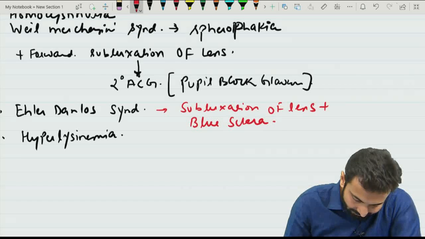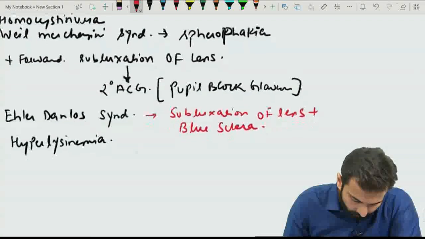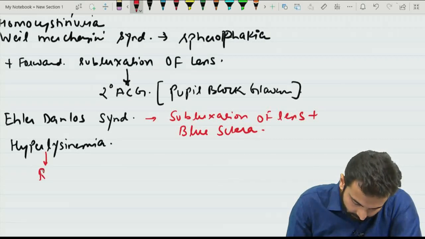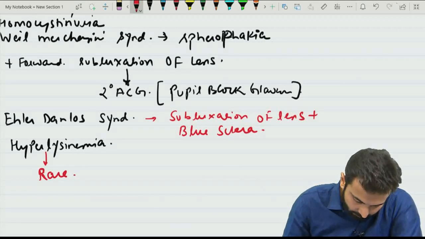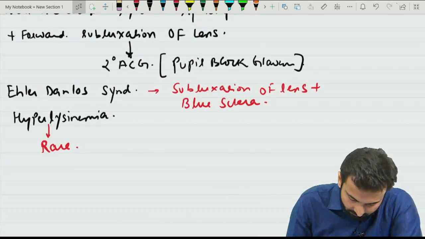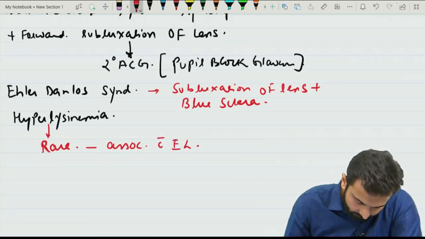Hyperlysinemia is also a rare condition which is associated with ectopia lentis, right?